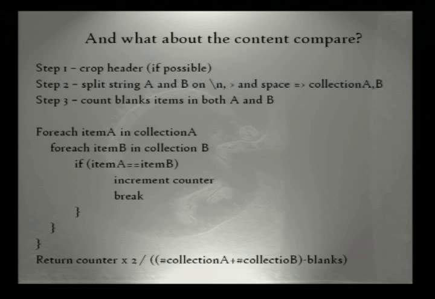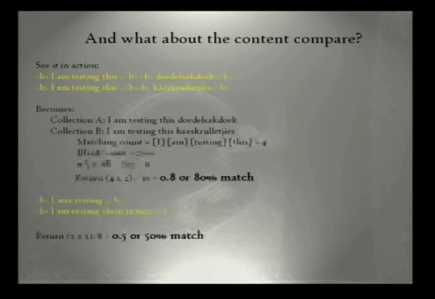Now, this is what it looks like. Let's say I'm testing 2 strings. The first string is "I'm testing this doodle sakdoek." And the second string is "I'm testing this kaas krulletjies." Collection A is I'm, testing, this, doodle, sakdoek, and collection B is I'm, testing, this, kaas, krulletjies, because we split on all those different things. There are 4 words matching within the 2 collections.